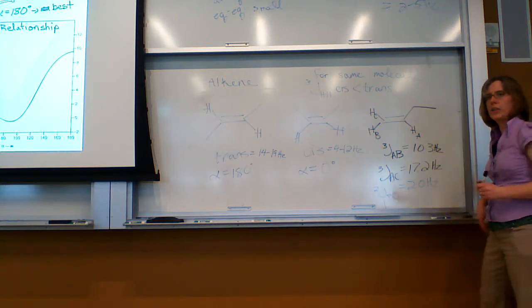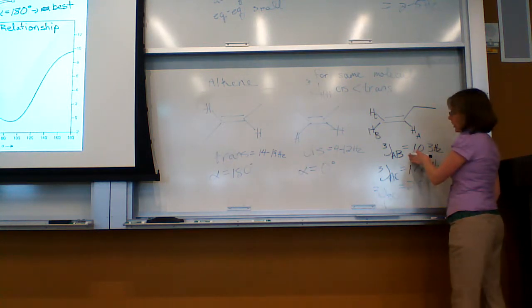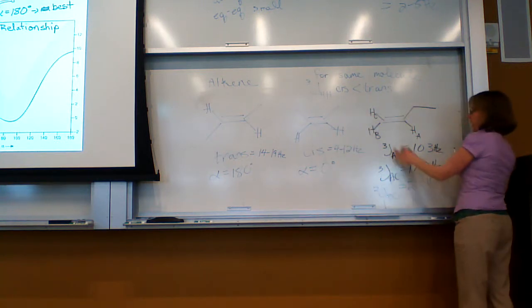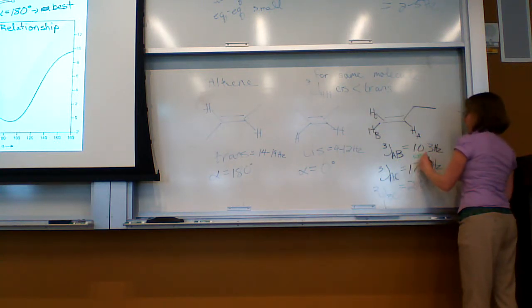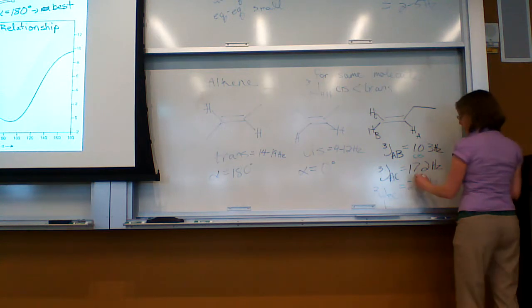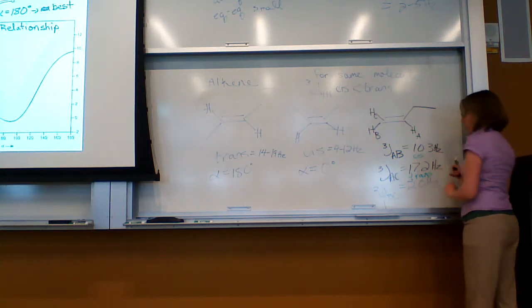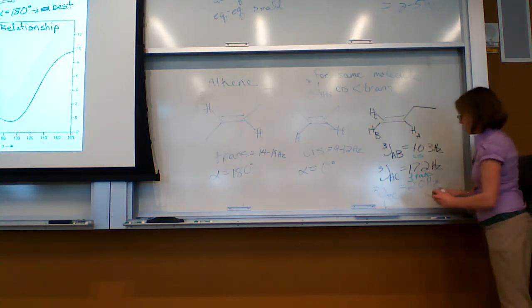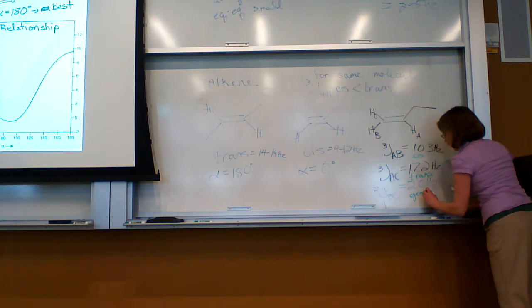So you can see that the relationship between A and B is cis. It has a slightly smaller coupling constant as compared to the A and C, which is trans. And then our geminal is our smallest overall.